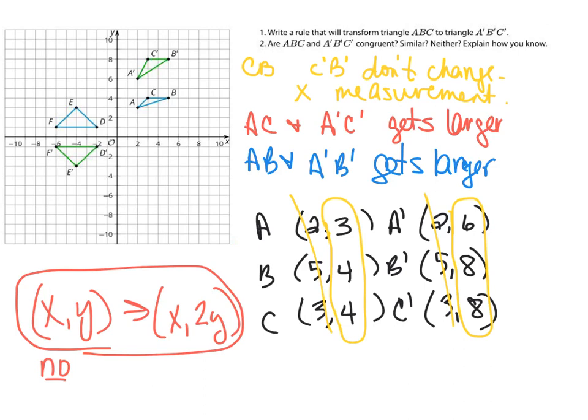But our sides are also not proportional because the length of CB and C prime, B prime don't change. Even though AC and A prime, C prime, and AB and A prime, B prime do change, CB and C prime, B prime also need to change in the same ratio, and they don't.